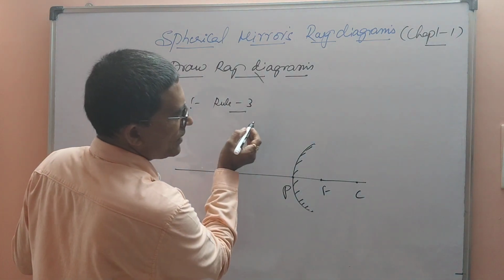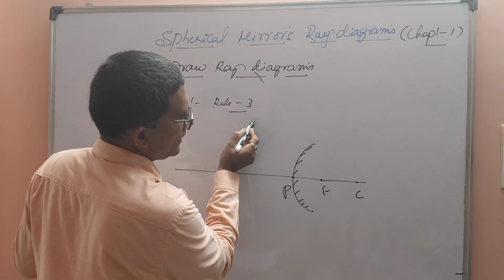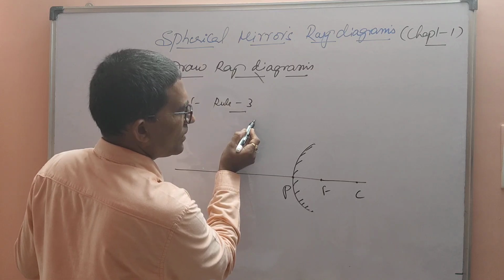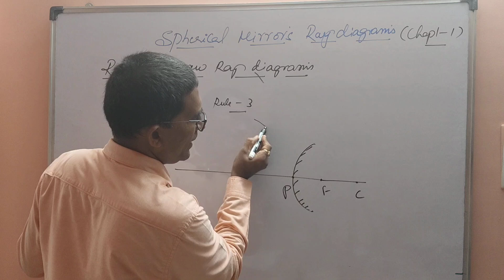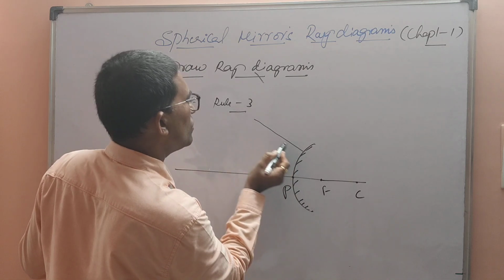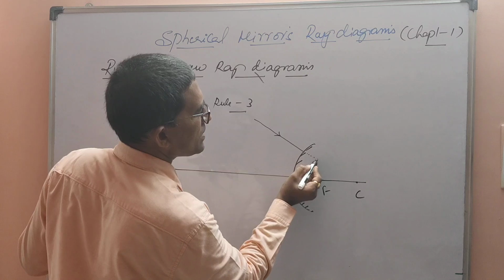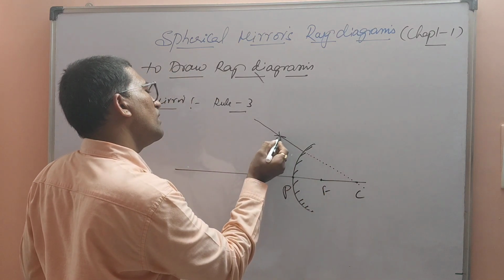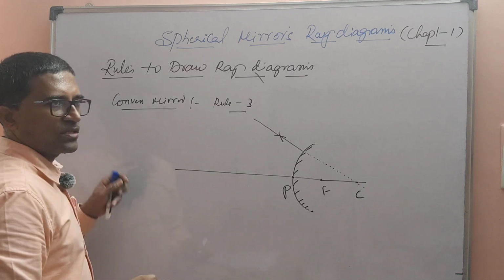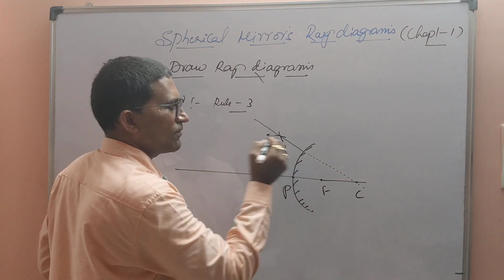So if the incident ray is passed at 90 degrees with respect to the reflecting surface, and appears to be passing through the center of curvature, the reflected ray will bounce back in the same direction, with the same angle. This is the incident ray, this is the reflected ray.